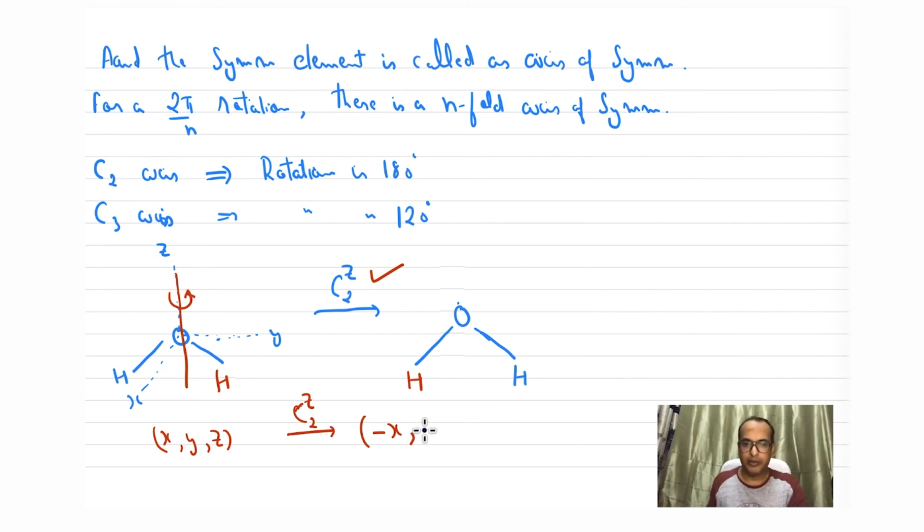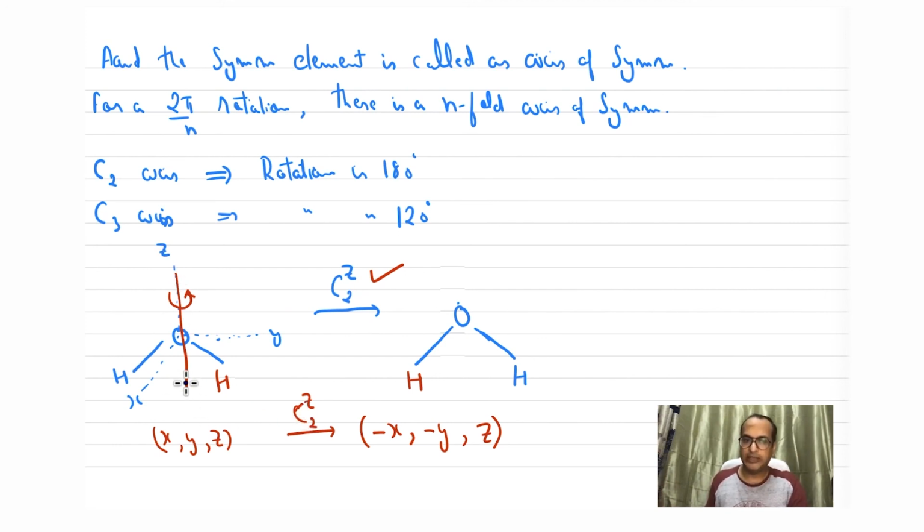So x becomes minus x, y becomes minus y, and z remains as z. Z did not change because it is C2Z, so the z axis remains at its own position, because the z axis is collinear with the C2 axis.